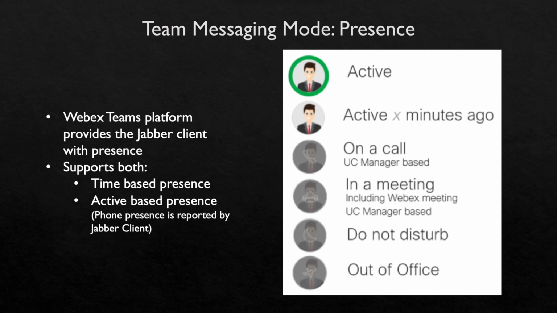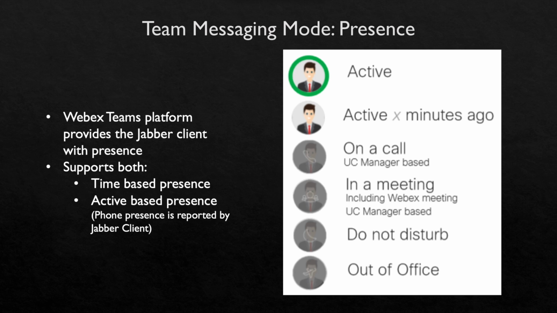Presence status, as I mentioned before, is also a seamless integration. And as I said before, when we did the hybrid, we talked about the hybrid message service and how there's a delay in sharing presence information. The nice thing about team messaging mode is that presence sharing between Jabber and Teams clients is instantaneous, right?